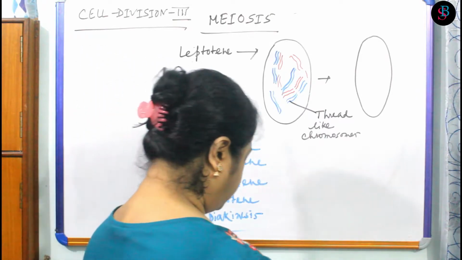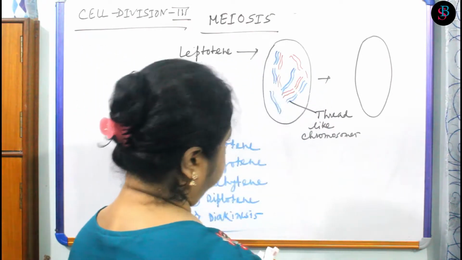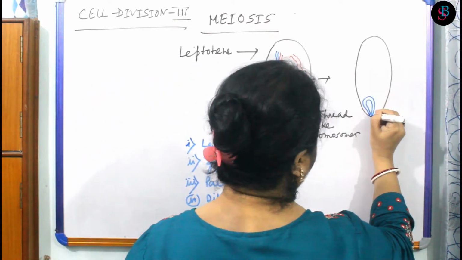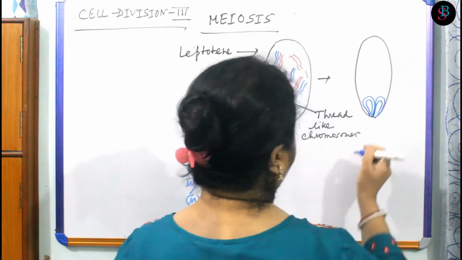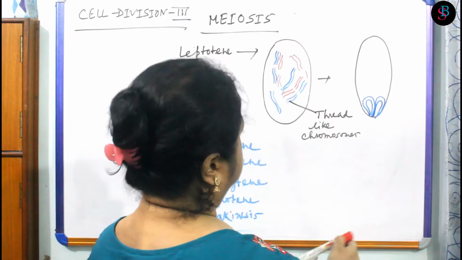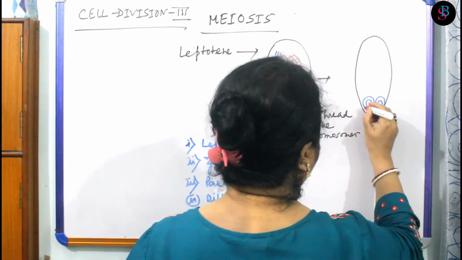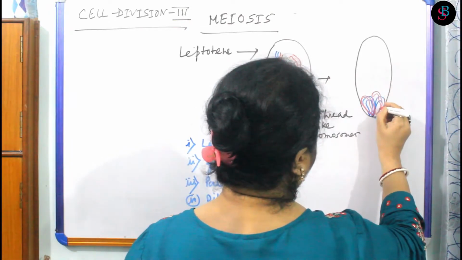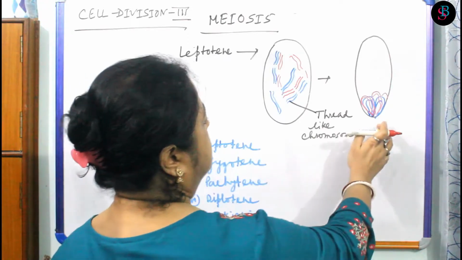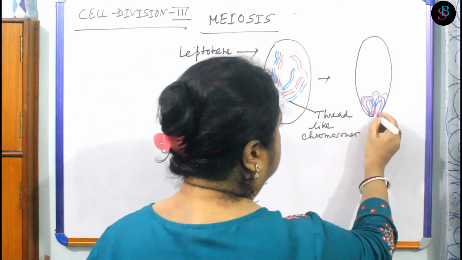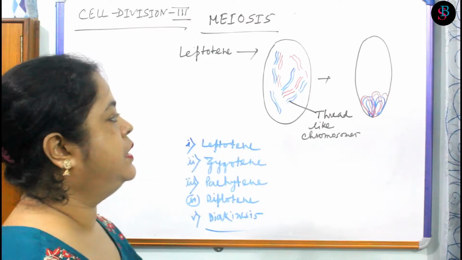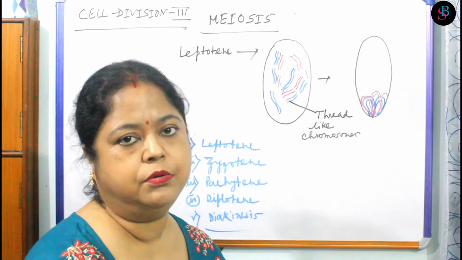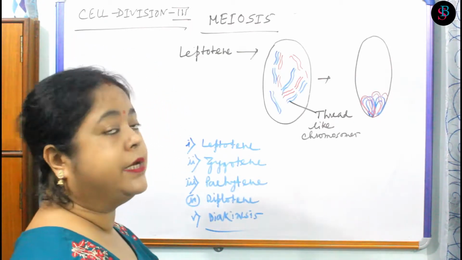Now here telomeres are converged in this manner, and the middle portion of the cell, those are projected upwards, and they are converged at one pole of the cell, and this is known as the bouquet stage.